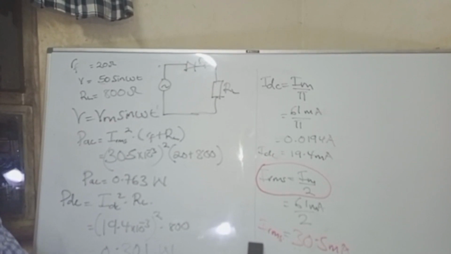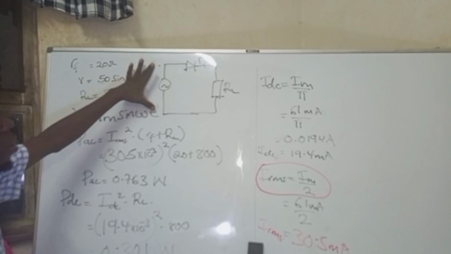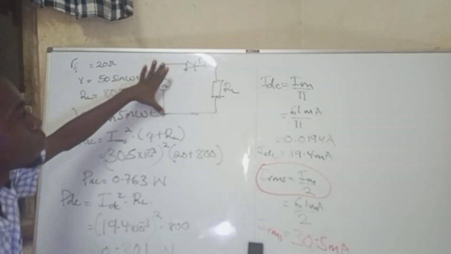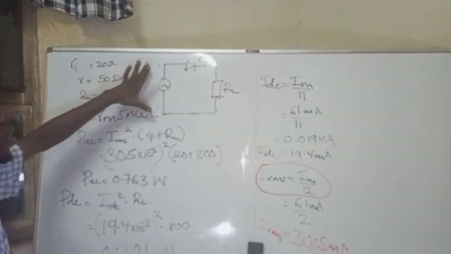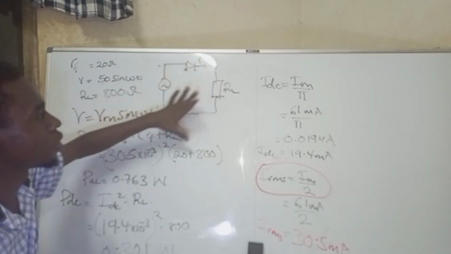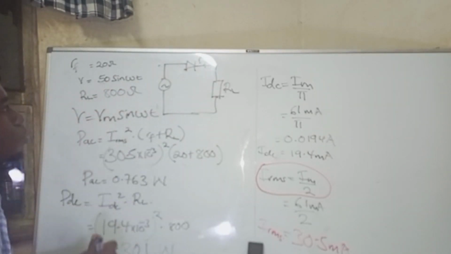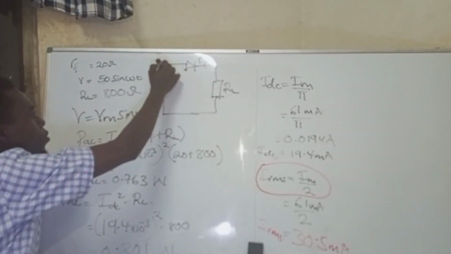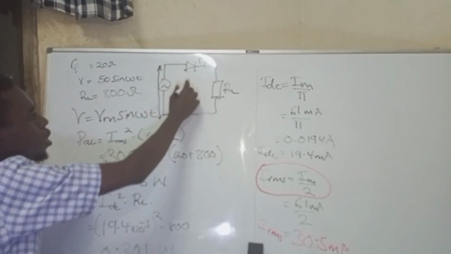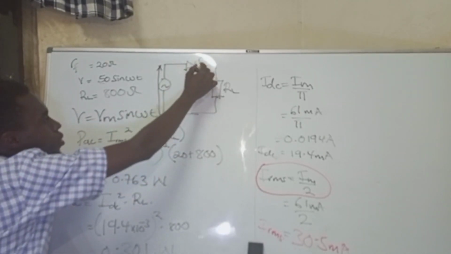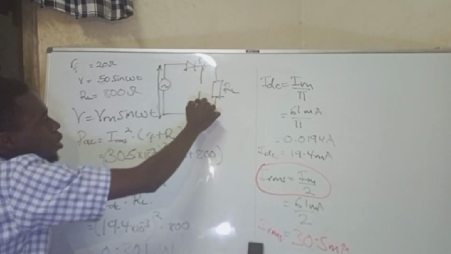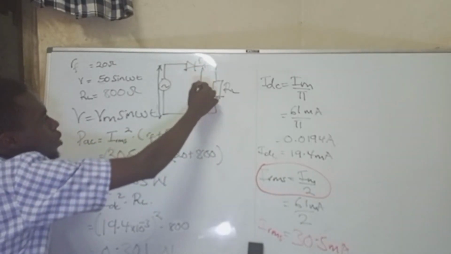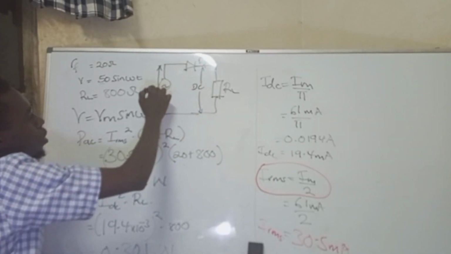So when we are calculating the AC power, that is why we are considering these two sections, because the AC appears across all these things here, but DC starts from here. When I'm considering AC, I'll consider across the whole section, but DC I'll consider from here up to here. This will give me my DC, and this is giving me my AC.